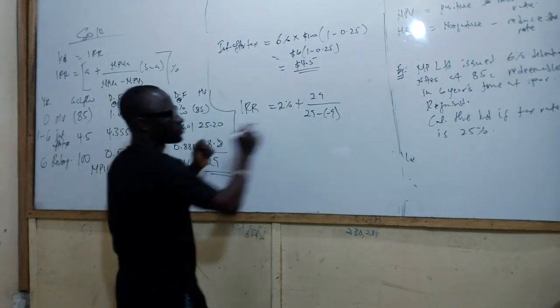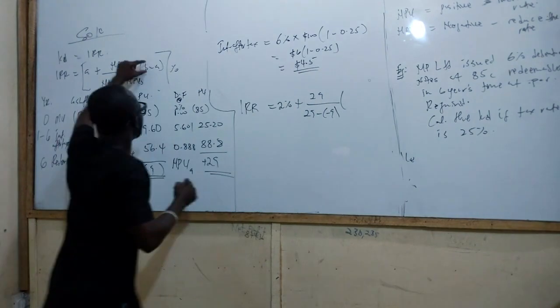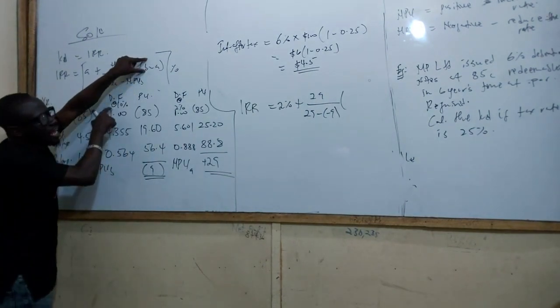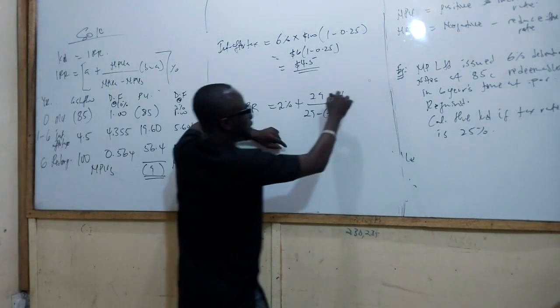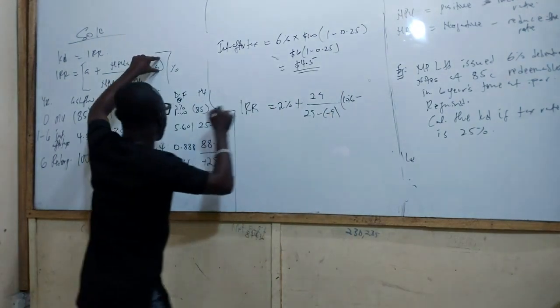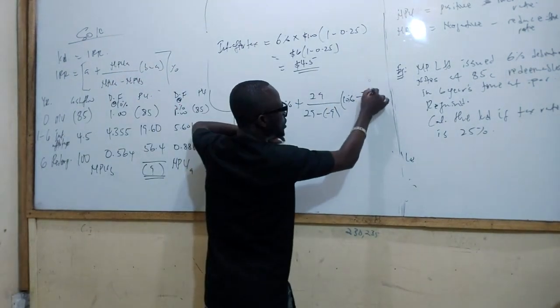Be careful here. Into bracket B. What is the B? The discount rate of B. 10%. Minus A. The discount rate of A. 2%.